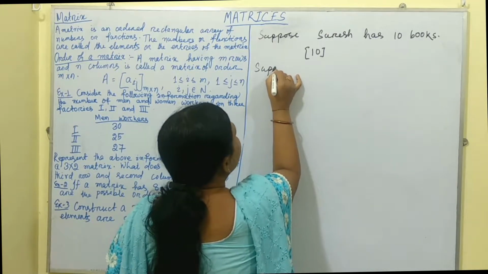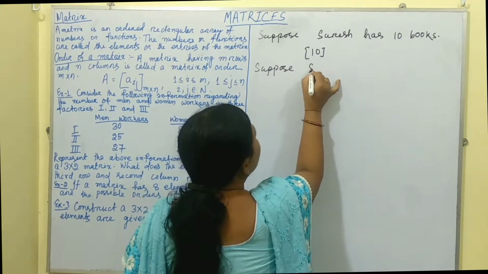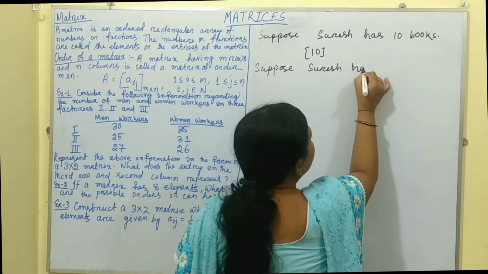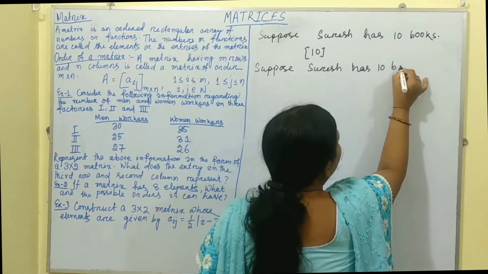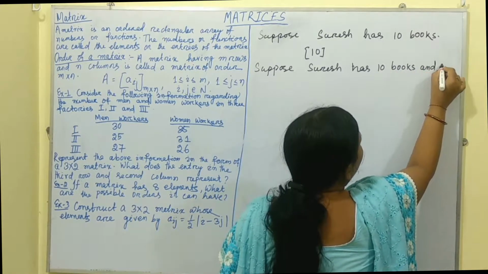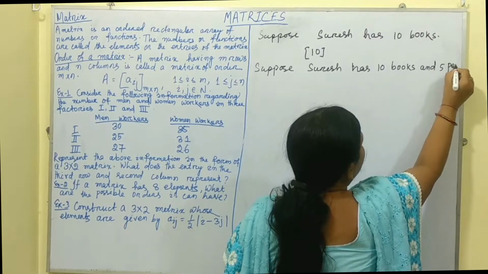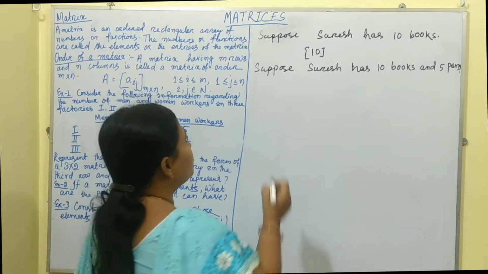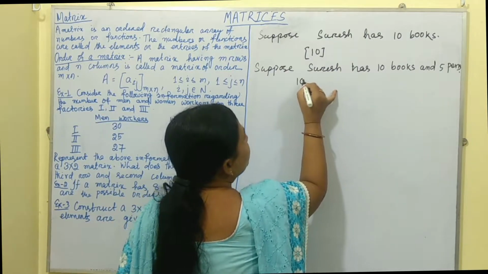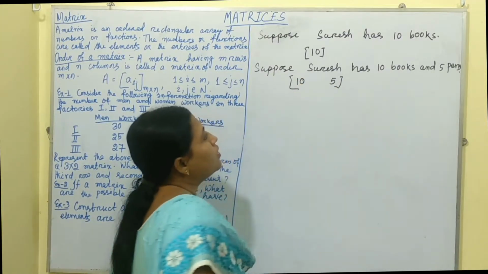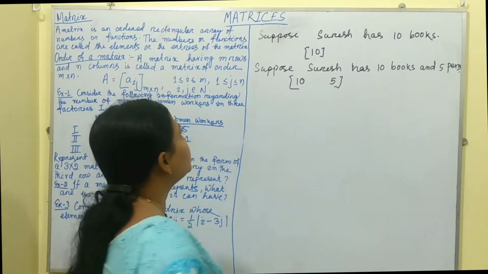Suppose Suresh has 10 books and 5 pens. We express this information in matrix form. This is also an example of a matrix.